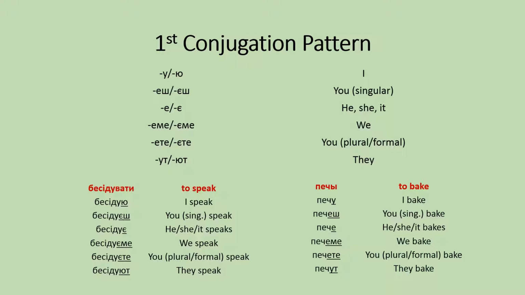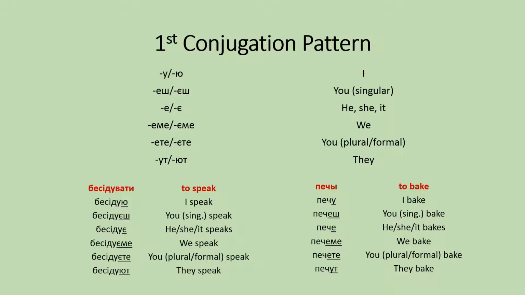First conjugation pattern. When the conjugated verb ends in u or yu, it refers to I. When the conjugated verb ends in esh or yesh, it refers to you singular. When the conjugated verb ends in e or ye, it refers to he, she, or it.